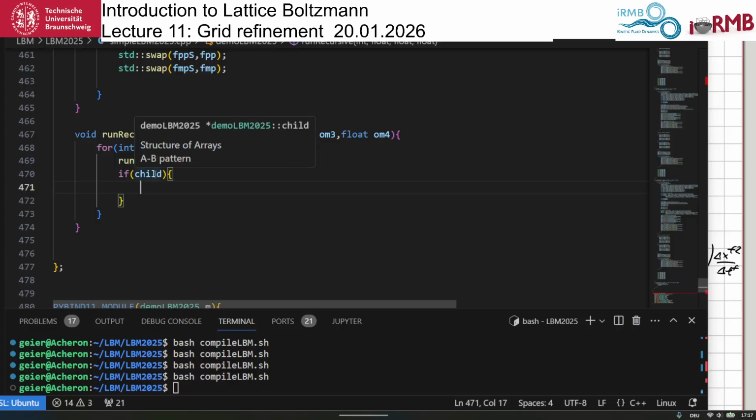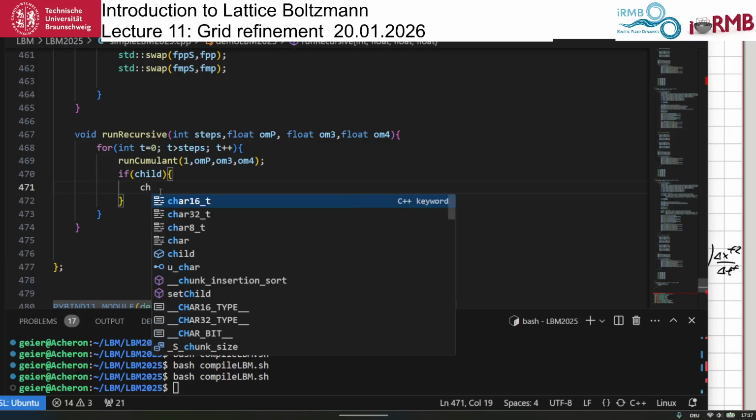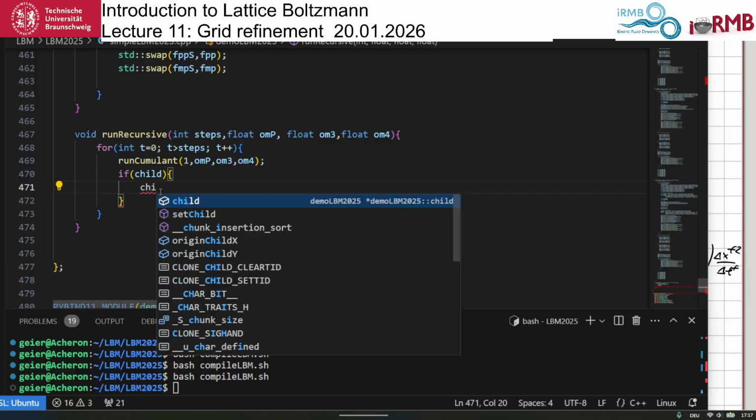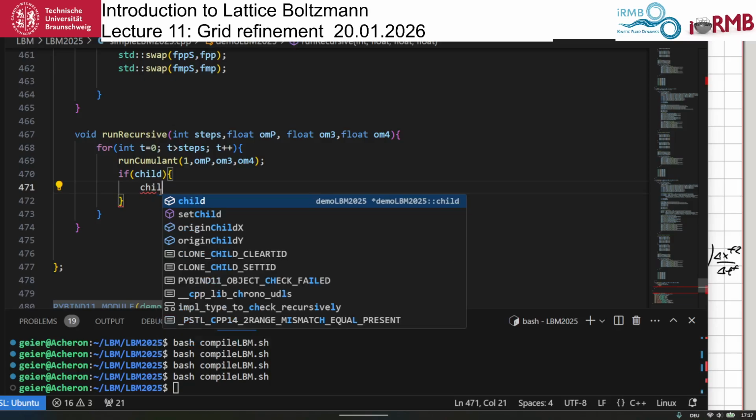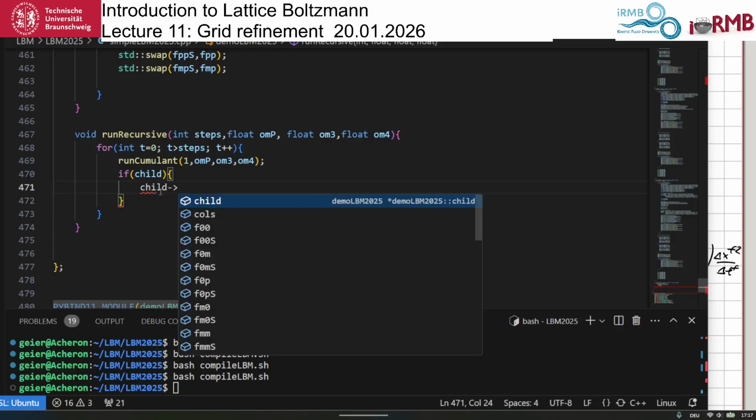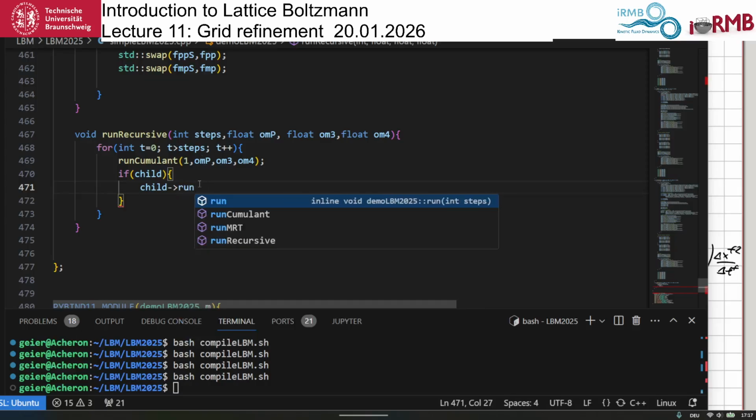So suppose we have a child. Then what we do is, for this child, we want to call the recursive run recursive.